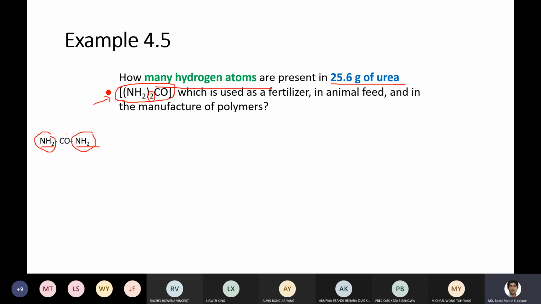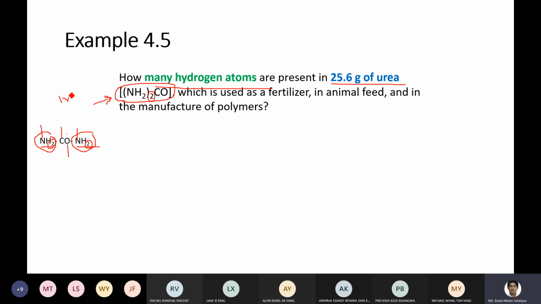So that means in one molecule of this fertilizer, there will be 2 nitrogen, 1 carbon, 1 oxygen, but there are 2 plus 2, that is 4 hydrogen atoms. So in one molecule, there are 4 hydrogen atoms.